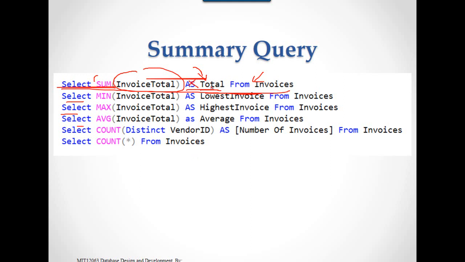So the new column name is total. If you don't give this column alias, as we know already, the column heading will be assigned as no column name, right? So we will see how we can implement this code in SQL Server Management Studio.